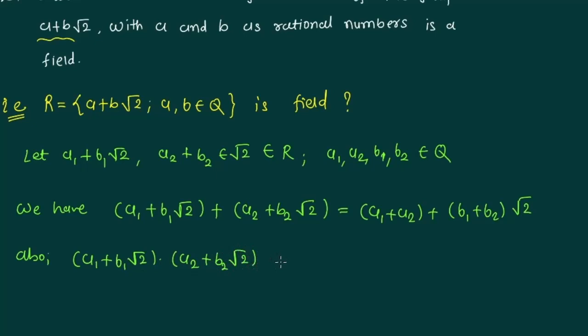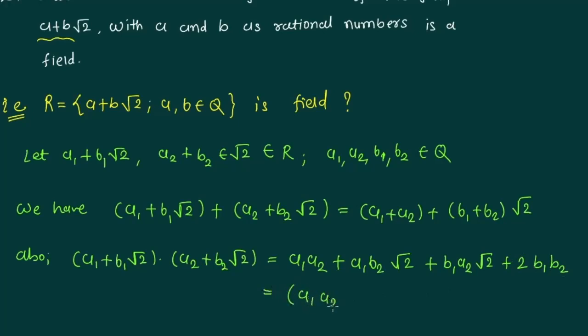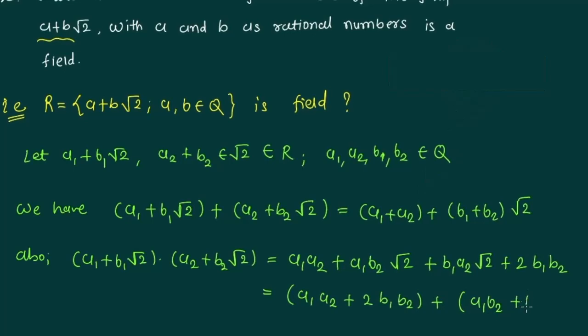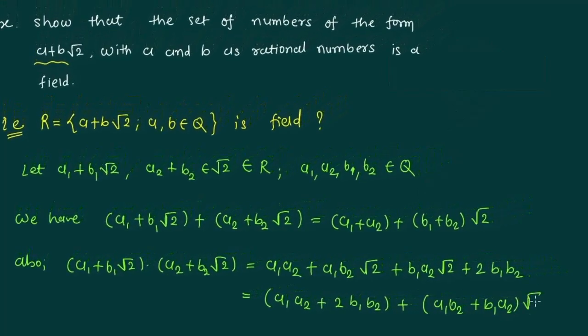If I simplify this, a1 into a2 gives a1 a2, a1 with b2 root 2, and b1 root 2 with a2 gives b1 a2 root 2, plus root 2 into root 2 gives 2 b1 b2. So this is equal to a1 a2 plus 2 times b1 b2 plus a1 b2 plus b1 a2 into root 2. This is how addition and multiplication are defined.